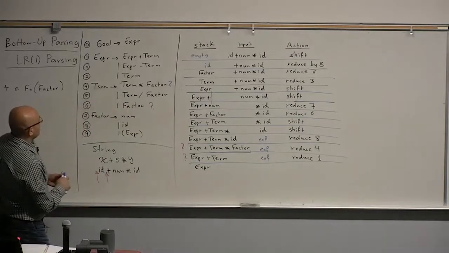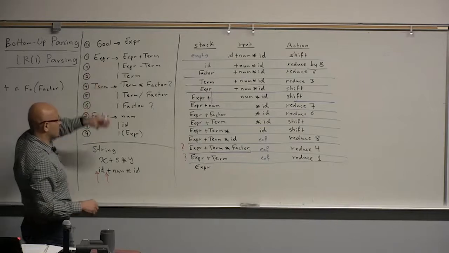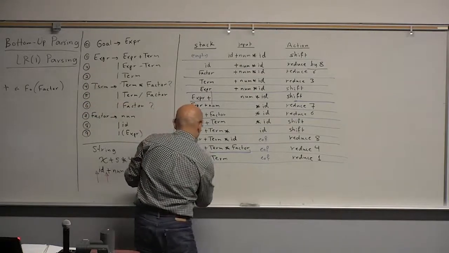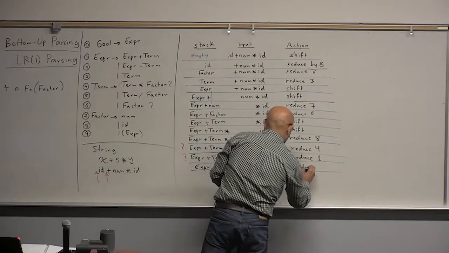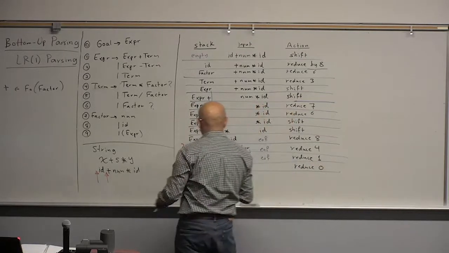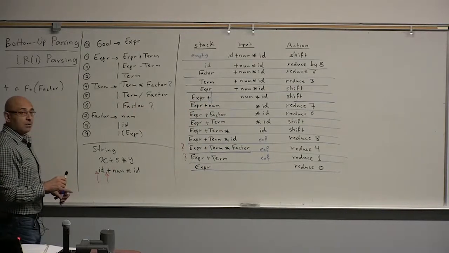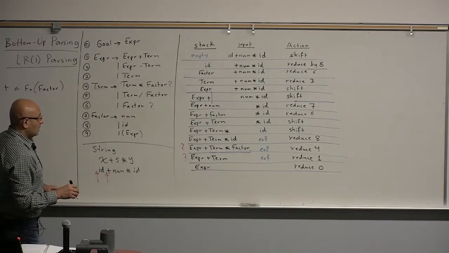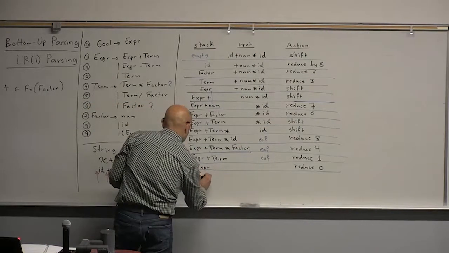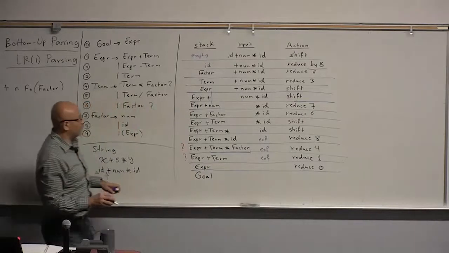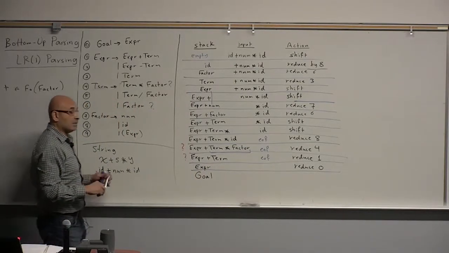And now we only have one option. There is only one rule that ends with expression, which is expression goes to goal. So now we reduce by rule number 0, and reducing by rule number 0, we get a goal. If we got our start variable, then this is the end of the derivation, and this is a successful derivation.